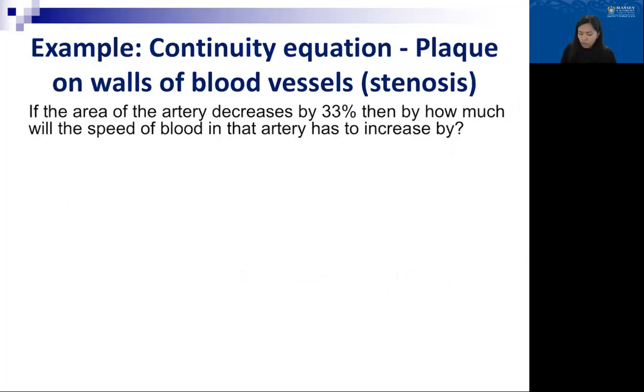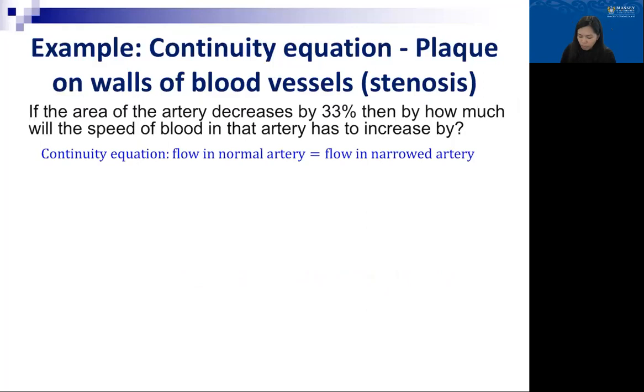Okay, we start with the continuity equation. So that's the problem there. The continuity equation says that the flow in the normal artery should be equal to the flow in the narrowed artery, right? Or A1V1, 1 being the normal artery, is equal to A2V2.